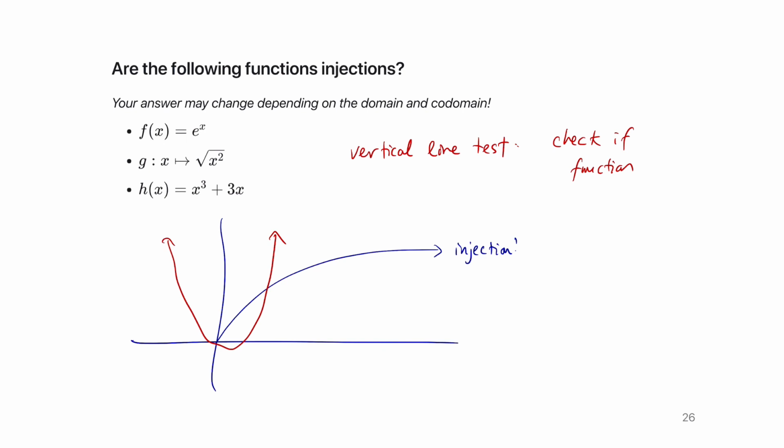So for example, if this was f of x equals x squared, my drawing's pretty bad, but it will map 1 and negative 1 both to the same output. But last time I checked, 1 is not negative 1. Right? So this function is not an injection.